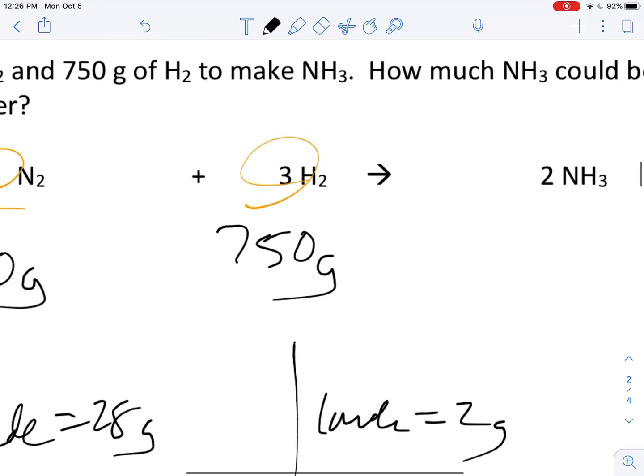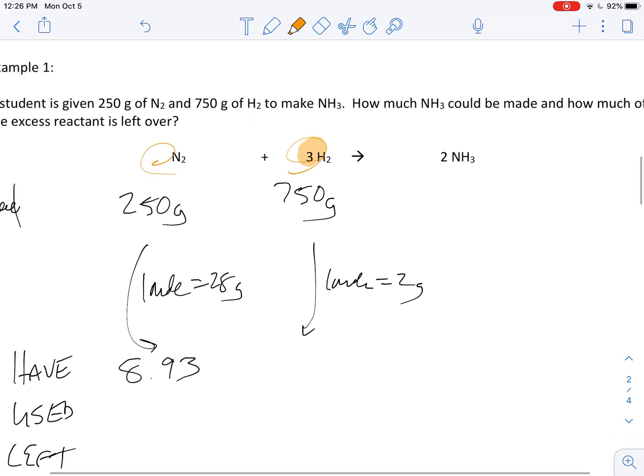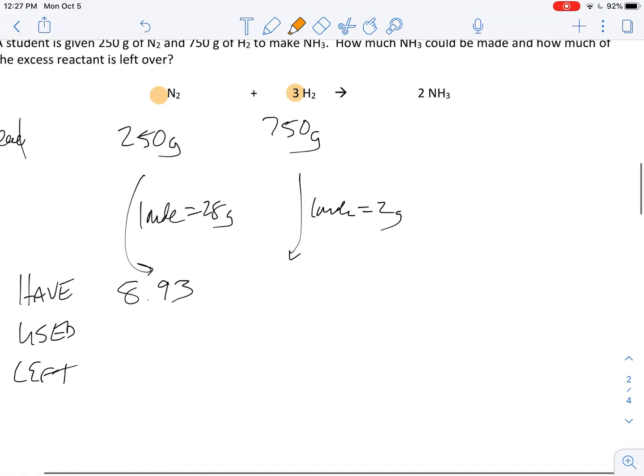But Smith, shouldn't I take this 3 into account and call it 6? No. I mean, you can, but again, you're really going to mess with the system if you do that, and I highly recommend you do not do that. We'll take that 3 into account in our used line, but we're not going to deal with it now. Because if I have 750 grams of hydrogen, then I know at 2 grams that's going to be 375 moles of H2.